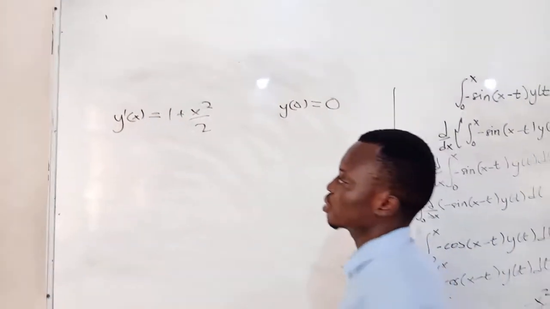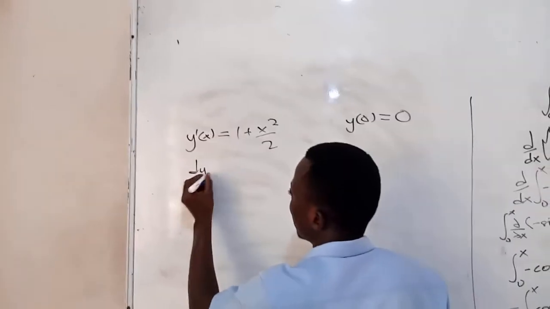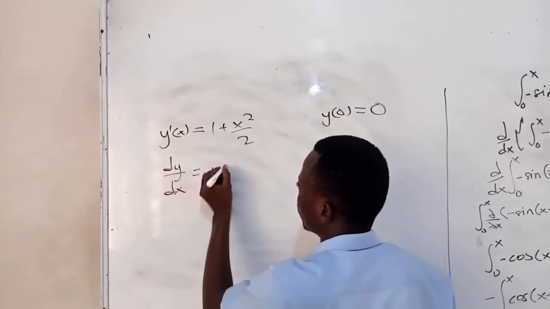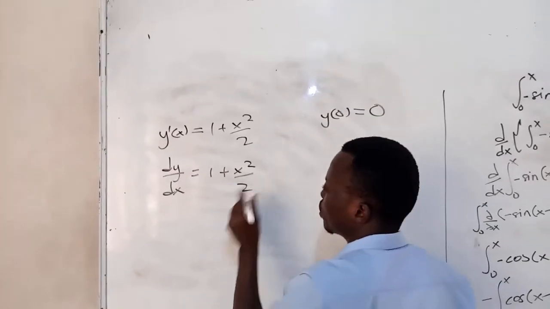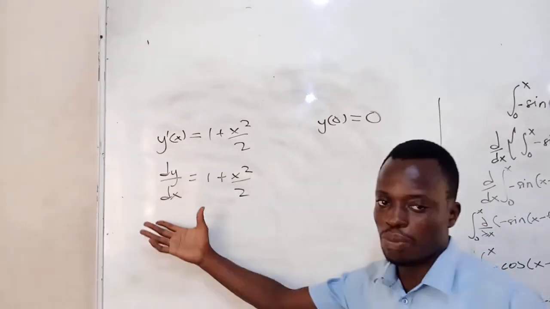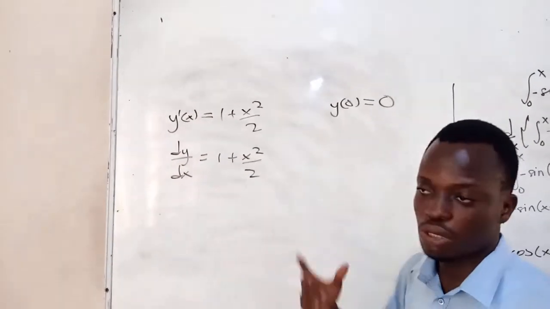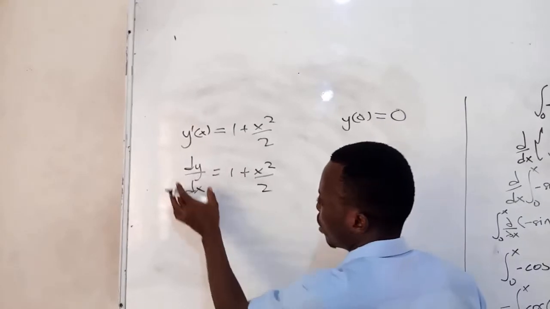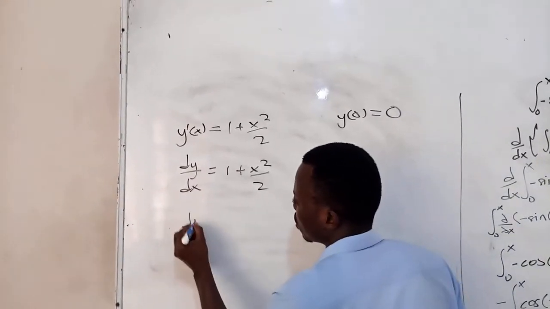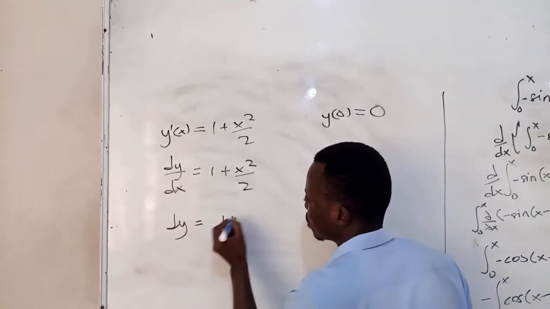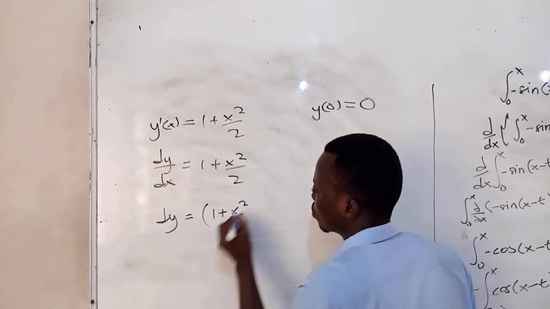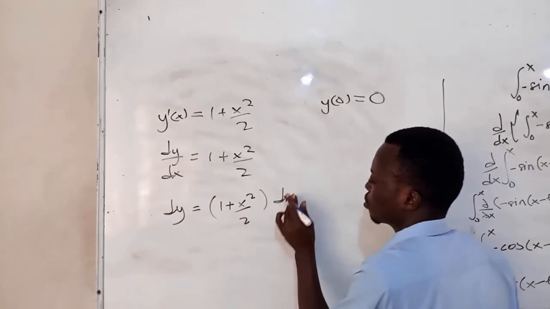This is the same as dy over ds equal to 1 plus s squared divided by 2. This ODE is separable, so you can easily do this. Let's multiply each term by ds. So we have dy equal to 1 plus s squared divided by 2 ds.